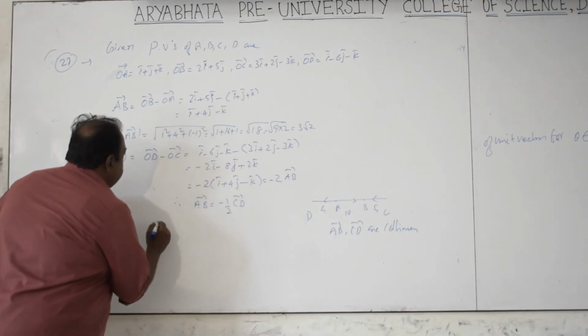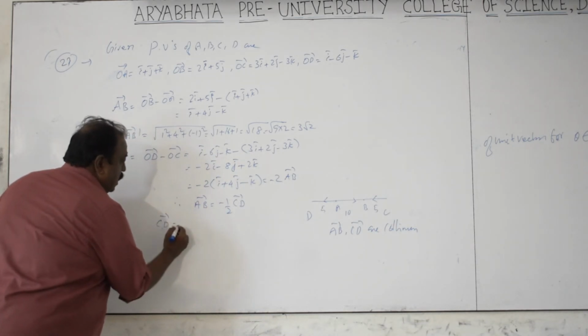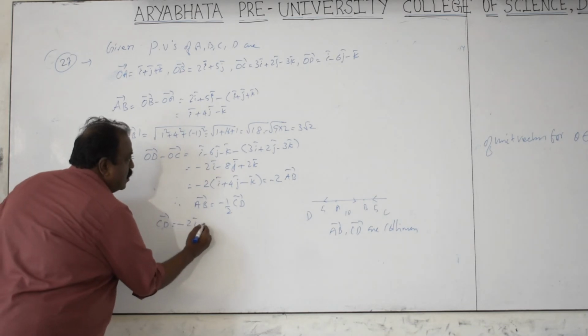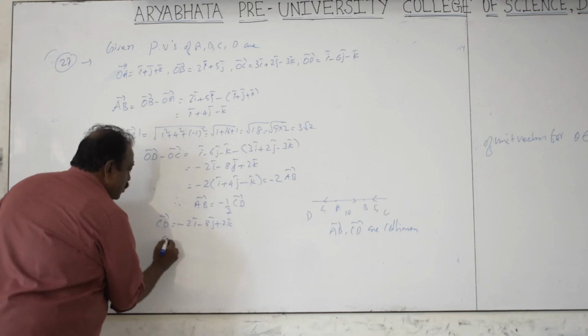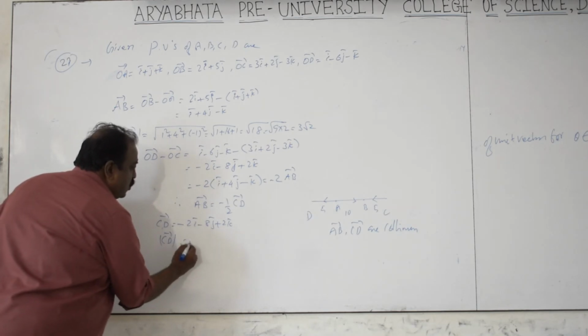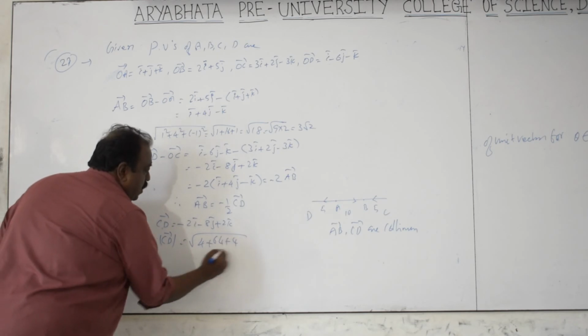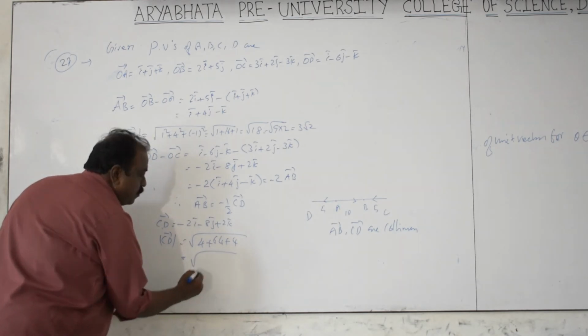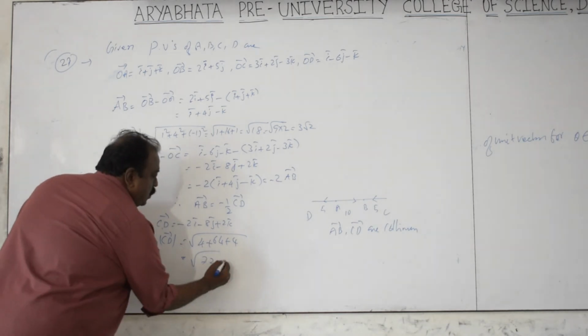Now the main thing is we have to find the angle. The modulus of CD bar is root of 4 plus 64 plus 4, which is root 72.